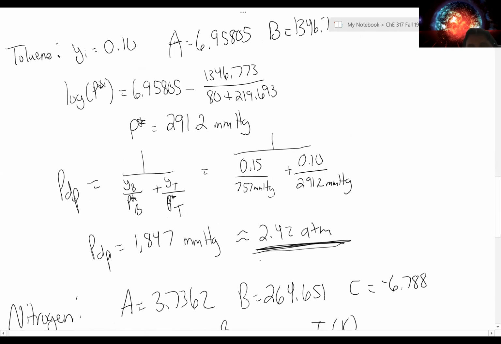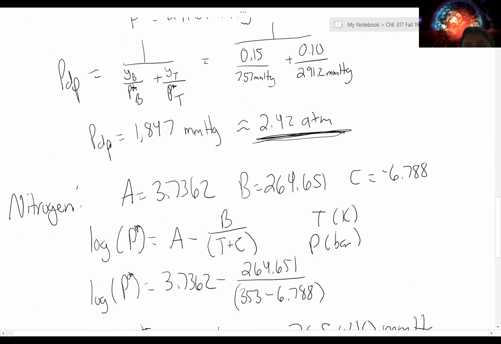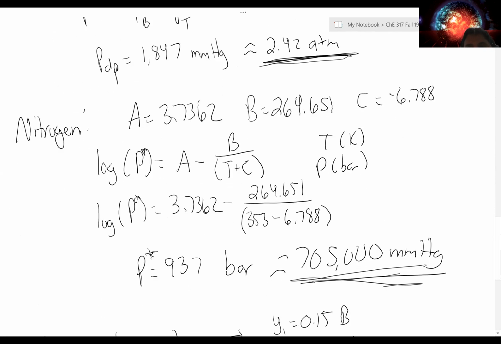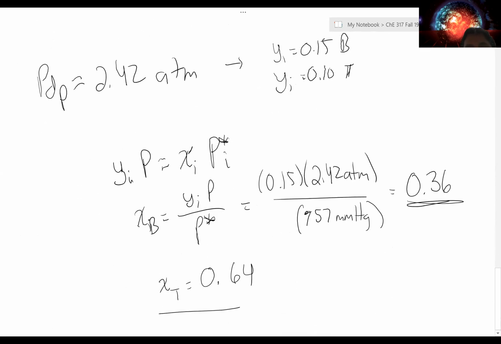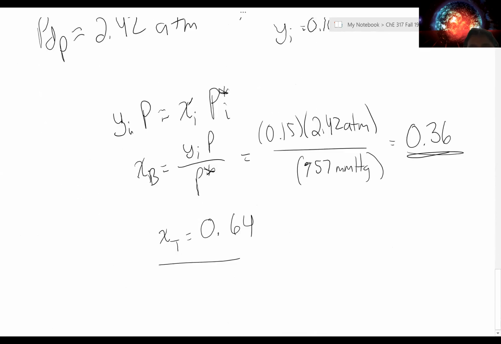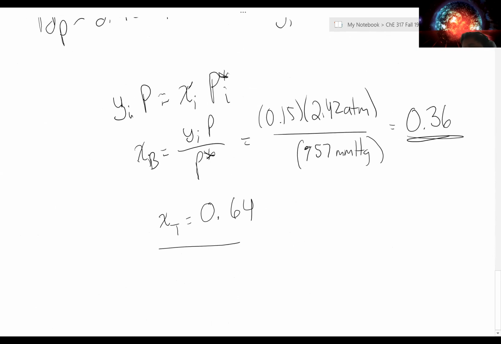And knowing that pressure, I can then estimate the composition in that liquid phase that drops out using Raoult's law. And we could even apply it vice versa when you have things boiling to estimate the composition of that first vapor bubble that forms.